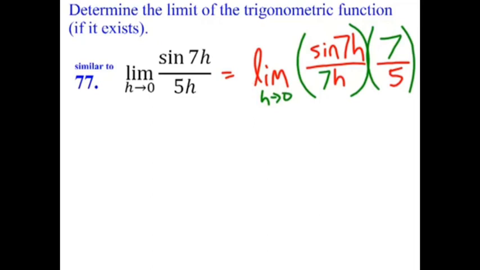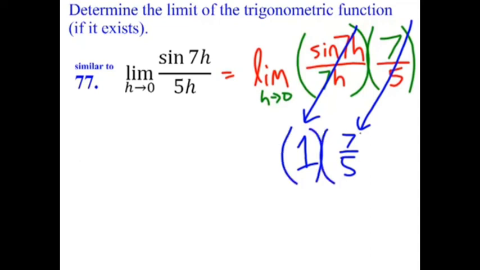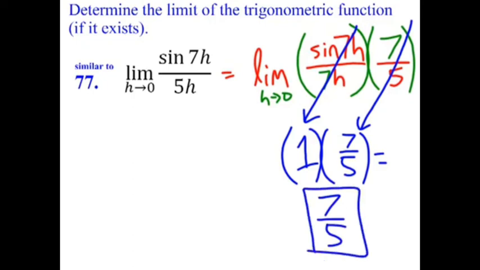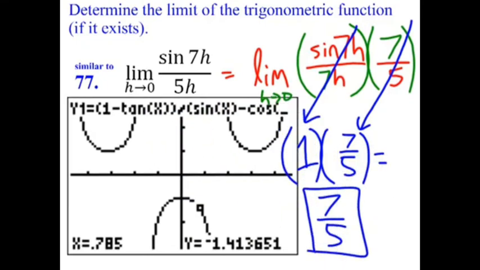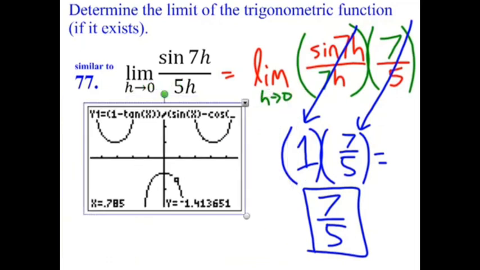Now limit is set to h tends to 0, right? This value will give you 1 and the remaining things will give you 7 by 5. So the final answer is 1 into 7 by 5, which is equal to 7 divided by 5. So let us see the graph of this function.